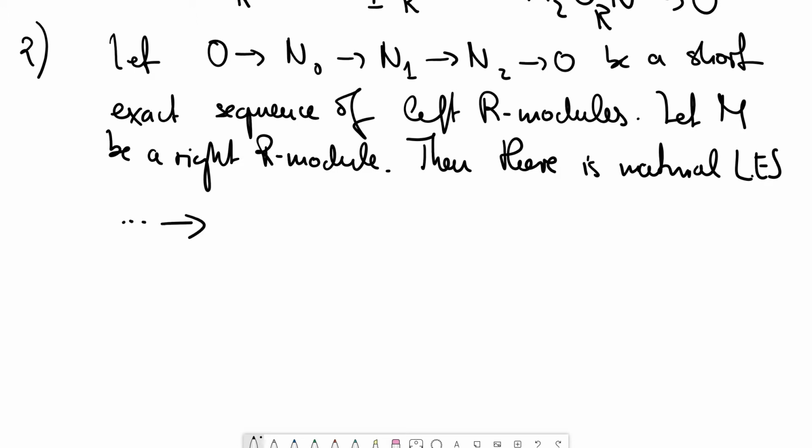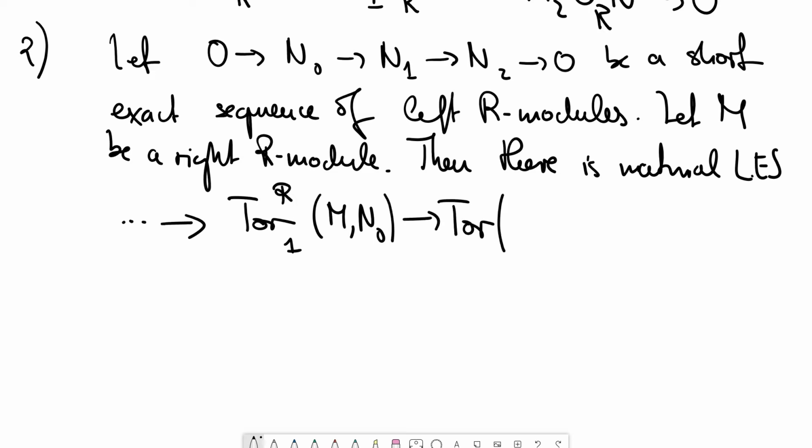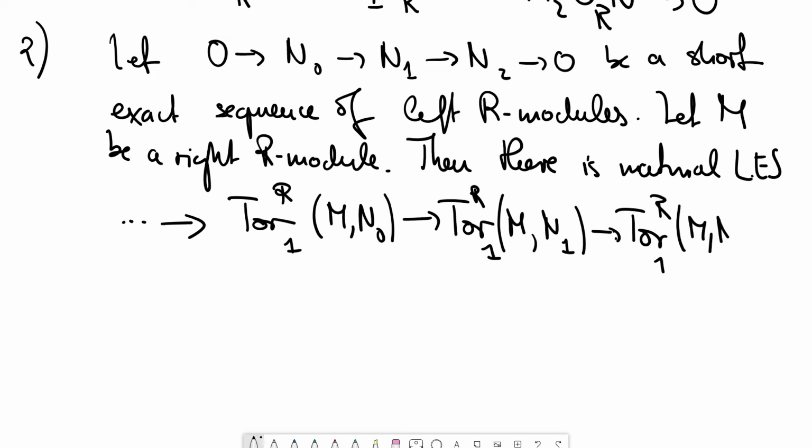Let me not indicate the Tor 2 terms. It's pretty clear how the scheme looks like. First, we have the maps induced by the maps of modules. And then there is a boundary map here on the right-hand side, and it would go to Tor 0, but I write Tor 0 by the tensor products.